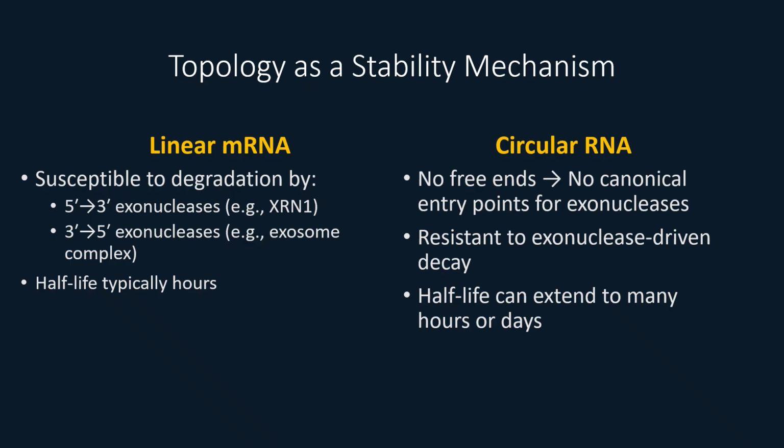It's not indestructible, obviously. Endonucleases, for example, can still cleave internally. But the key idea is that stability here is driven by topology, the physical shape, not just sequence features.